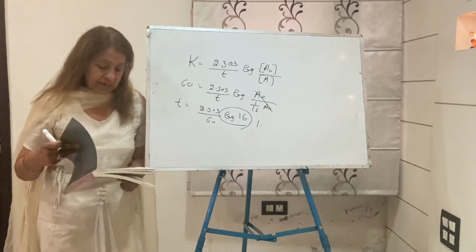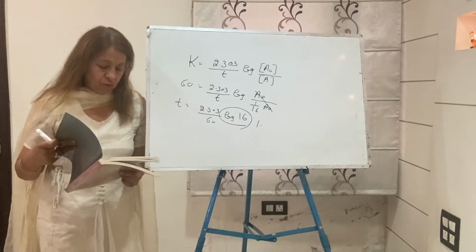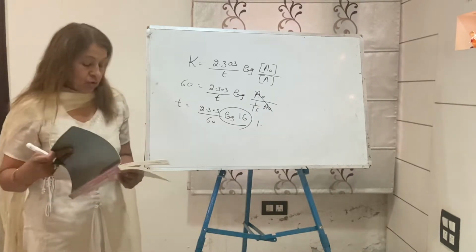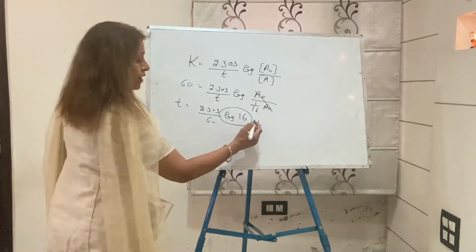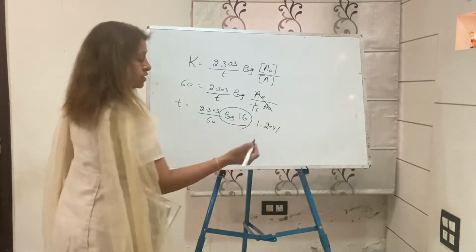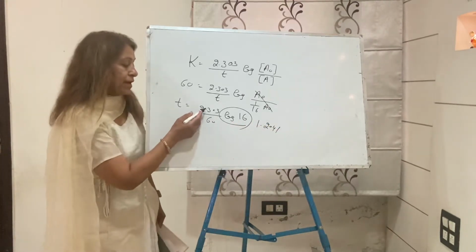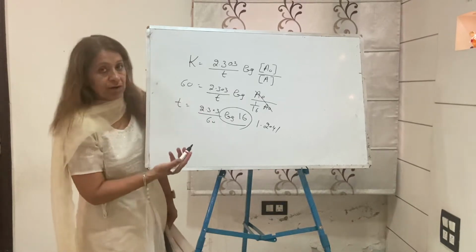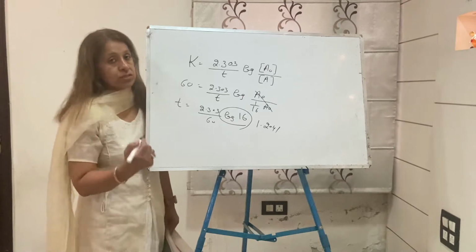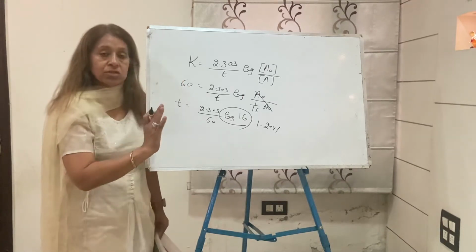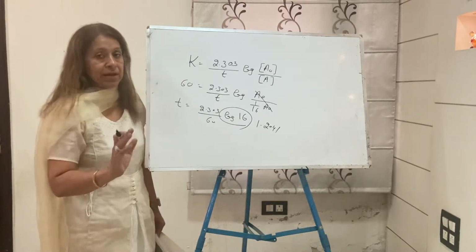I think it's 2041, so write down whatever it is, log 16. Then multiply this by 2.303 by 60, and your answer will come in seconds, because your rate constant is in per second. This is the most simple numerical, the basic one I have taken.